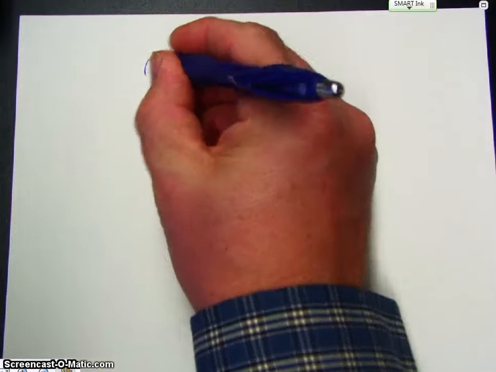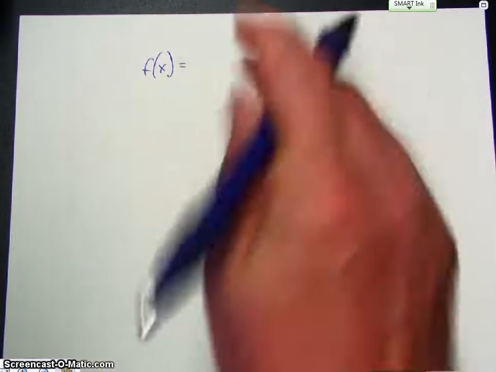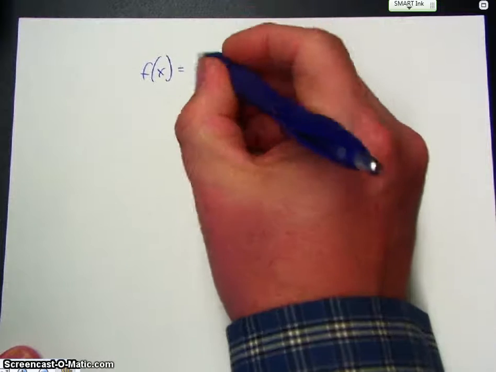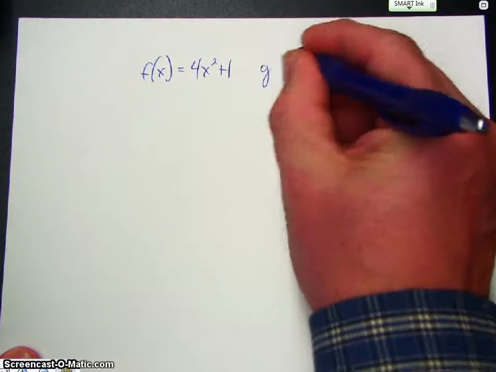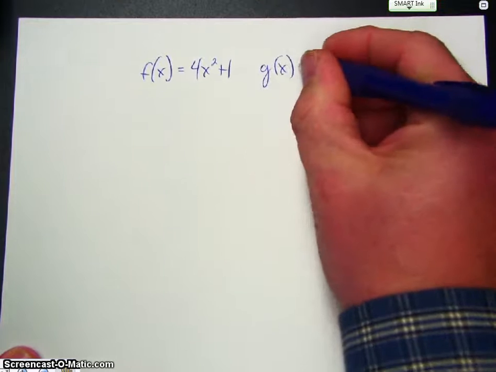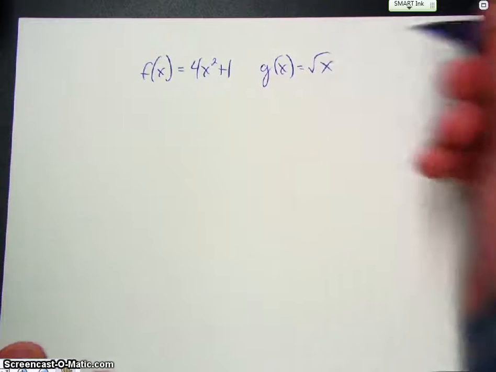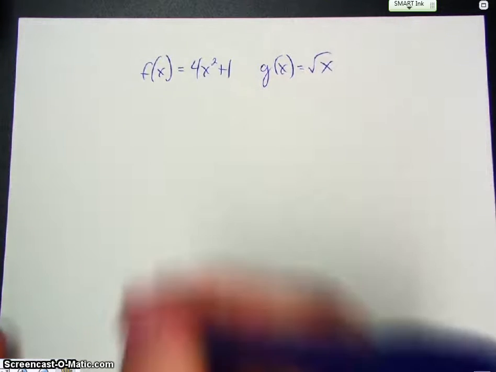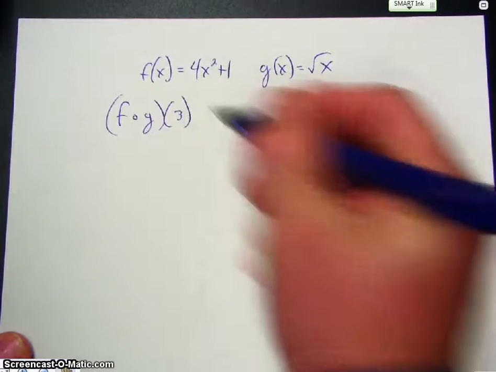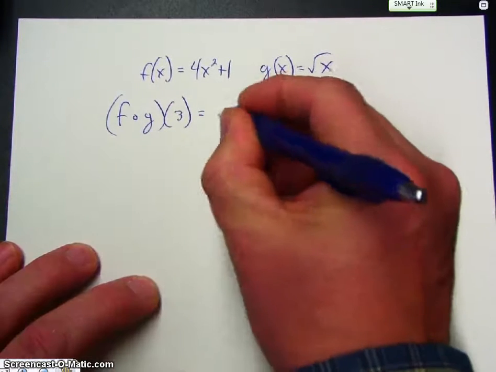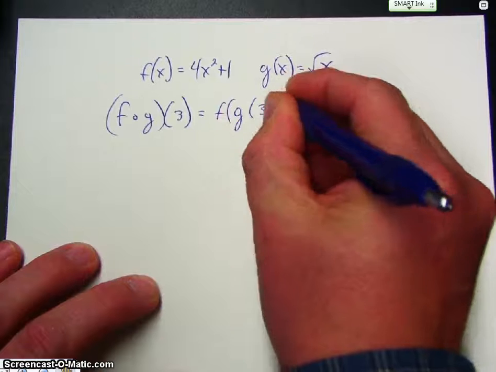All right, so first of all, let's define the two functions. f of x is 4x squared plus 1 and g of x is equal to the square root of x. All right, so let's do f open circle g of 3. In other words, we're going to do f of g of 3.